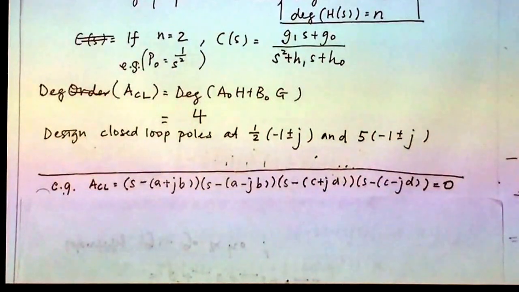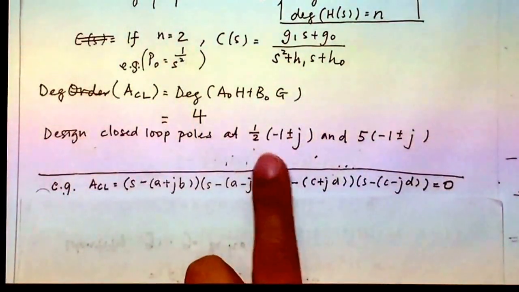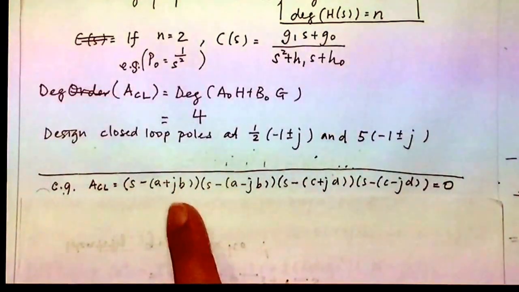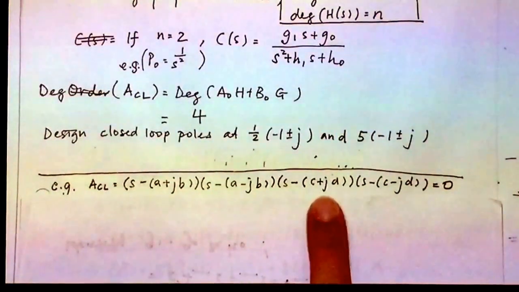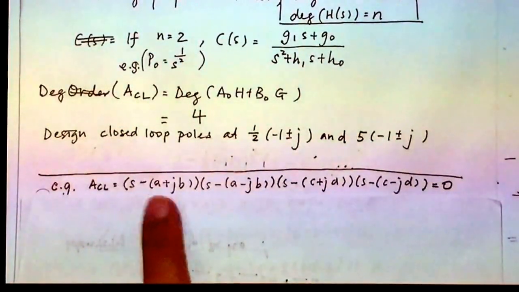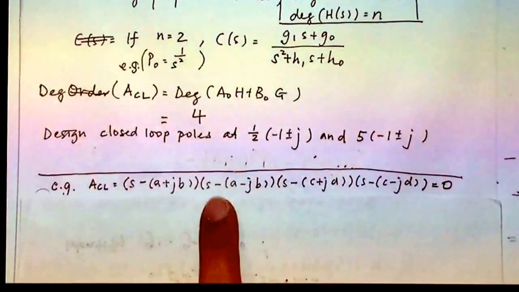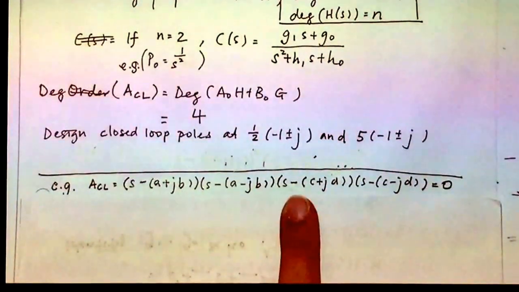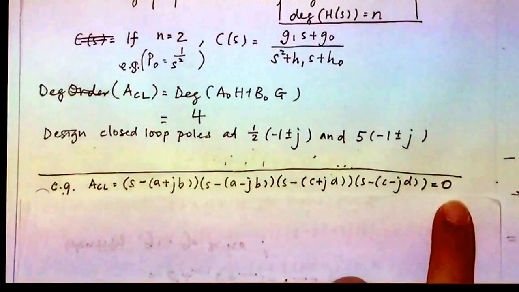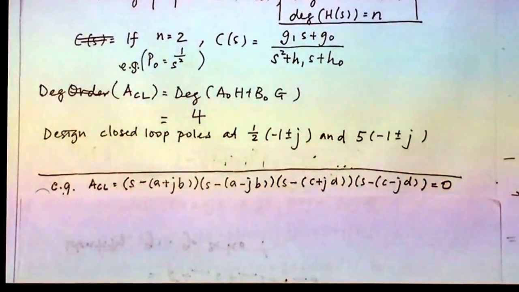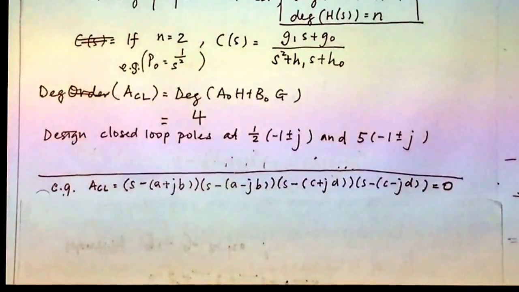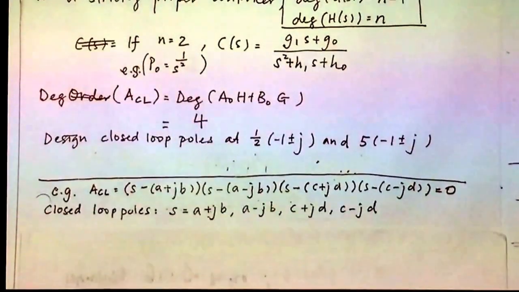If you have one set of poles, A plus minus JB, and the other set is C plus minus JD, what you do is bracket S minus A plus JB times S minus A minus JB, times S minus C plus JD, times S minus C minus JD, equals 0. Then what happens next? If you are very careful, you get the right solution. So this is what you should do.